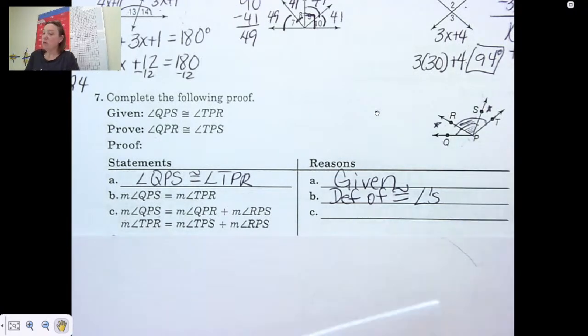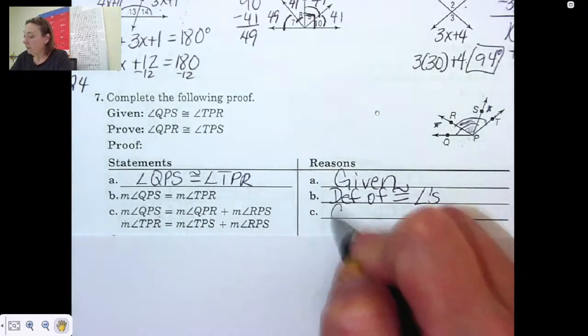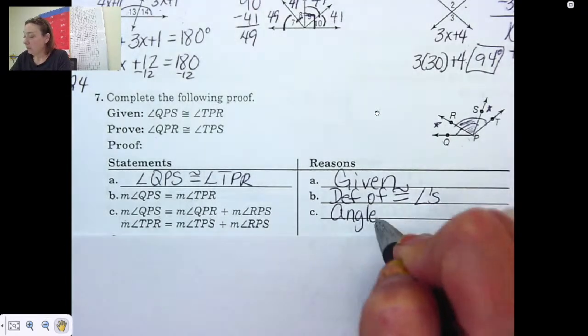Now, we also did this yesterday. We added together two segments to equal another segment. What do we call that? Segment addition postulate. But these aren't segments. So what are we going to say? Angle addition postulate.